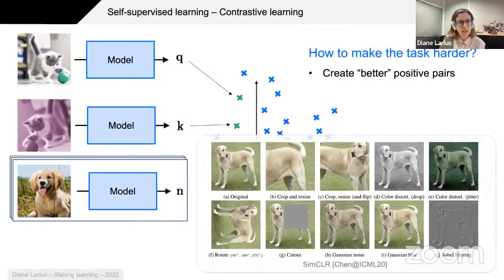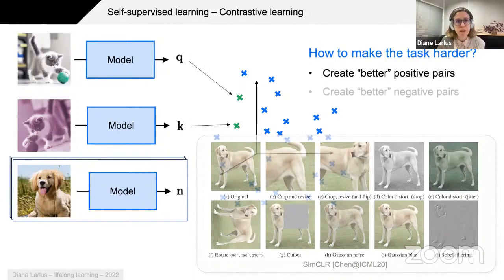For example, different transformations have been proposed, such as extreme color changes, some geometrical transformations like heavy cropping, rotations. You can hide part of the image, you can apply filters. So this is a way to create more challenging positive pairs.